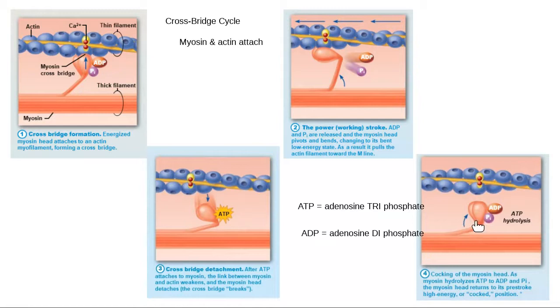Before I've chopped up ATP, myosin is bent over, in the low energy state. Once I chop up ATP, it turns into ADP, but it also gives me the energy to change my shape to be standing upright. So the stage where I use that energy would be that last one, the cocking of the myosin head, getting it back into the position where it would be able to attach and do the cross-bridge cycle again. Okay, thank you. You're welcome.